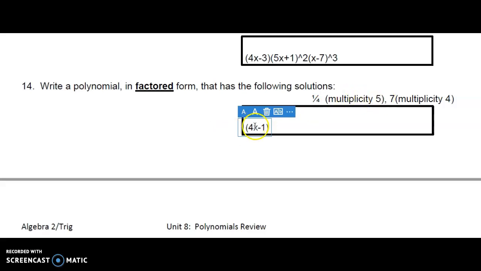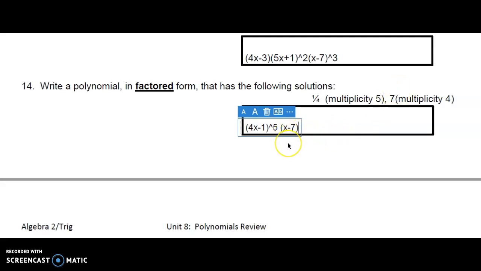Multiplicity 5 means that factor occurs 5 times. So therefore, it has an exponent of 5. The next solution is 7. It's a positive 7. It's a whole number, so x is by itself. It's just an x with a coefficient of 1. 7 is positive, so therefore the factor is minus 7.